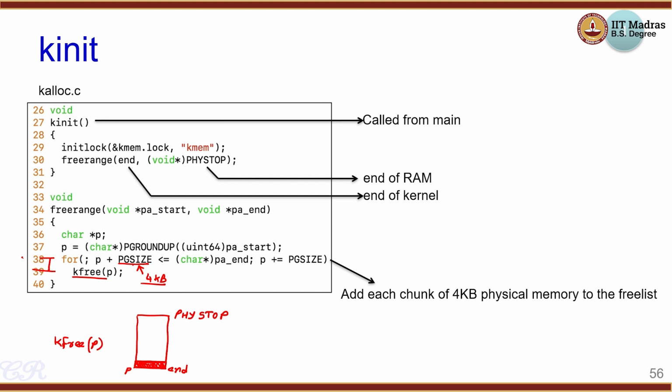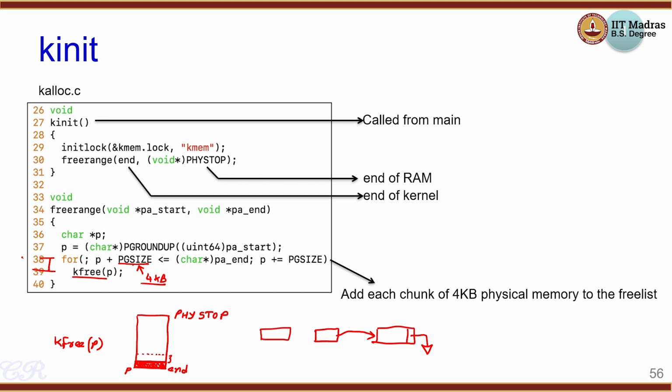I am essentially inserting a node in the linked list, right? So this is my linked list. In the next iteration, I go to the next 4 KB page chunk, invoke kfree on this, and therefore I would get another node in my free list, right?